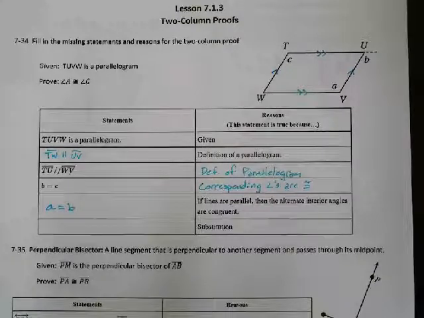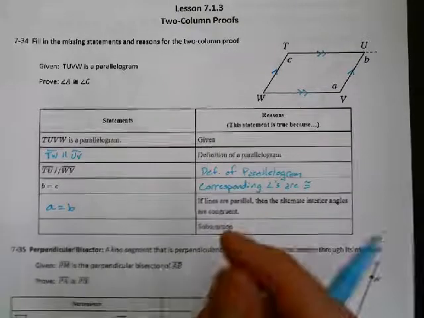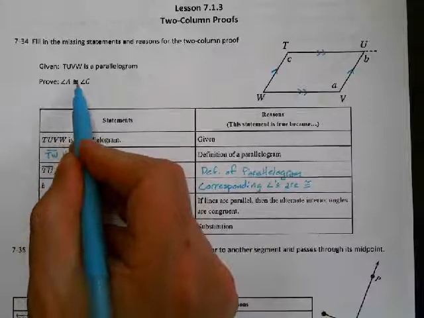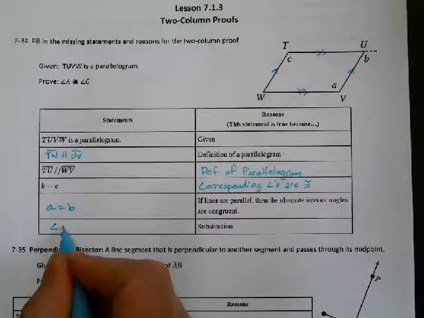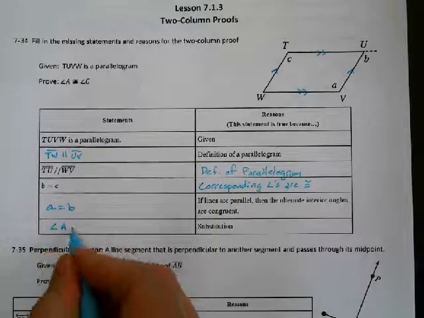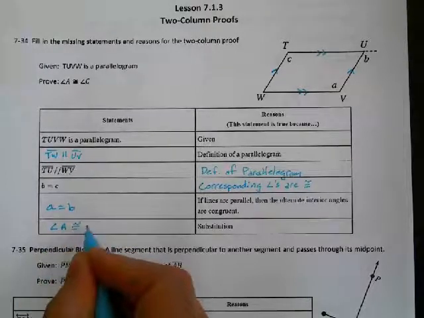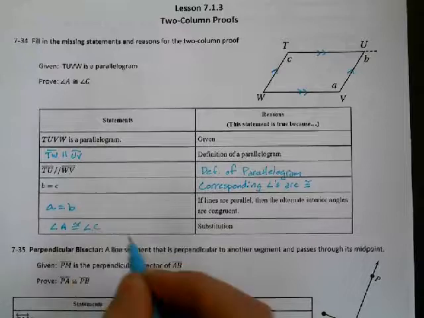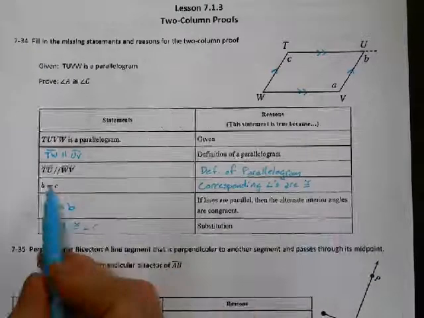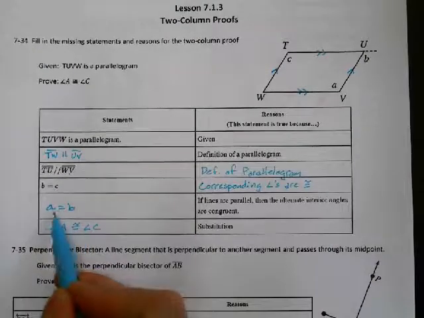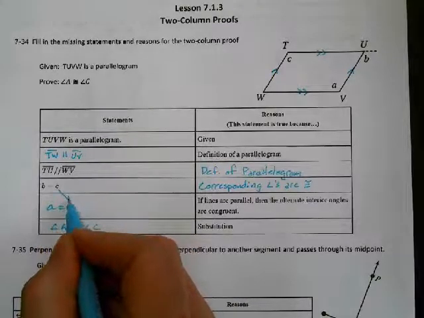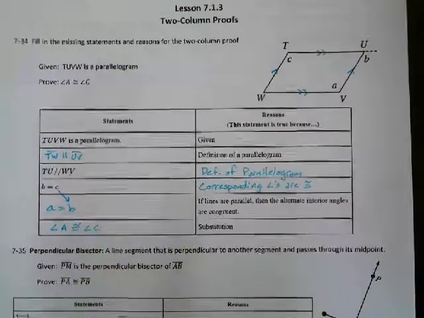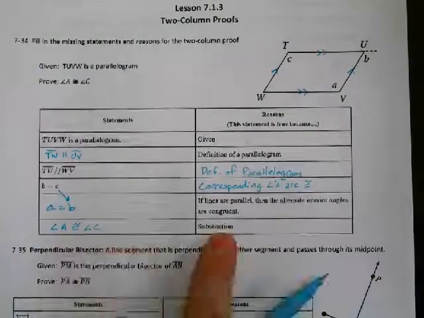All right, now we can say that angle A is congruent to angle C. Now, how do we know that? B is equal to C and B is equal to A. So if I substitute C into B right here, I'd get A equals C. So this is called substitution.